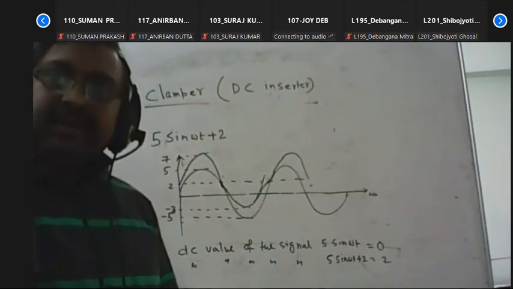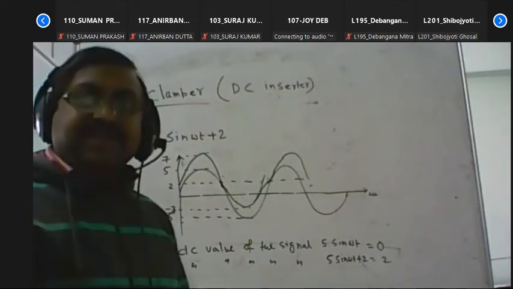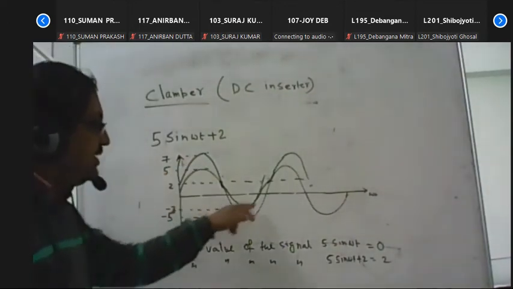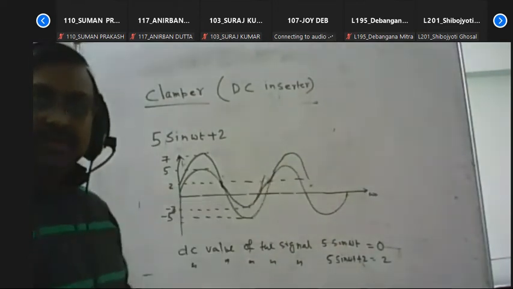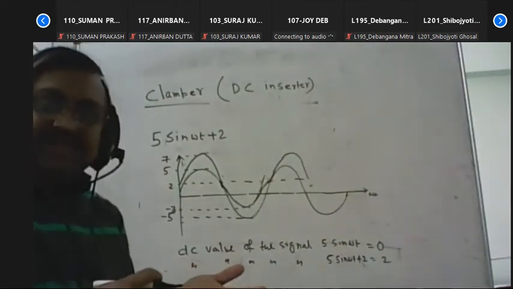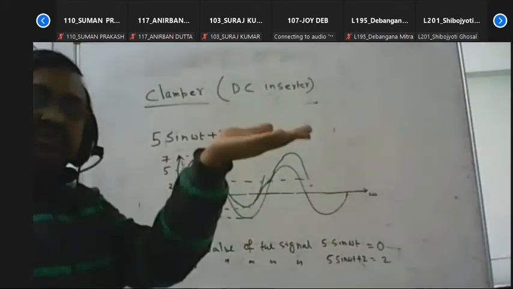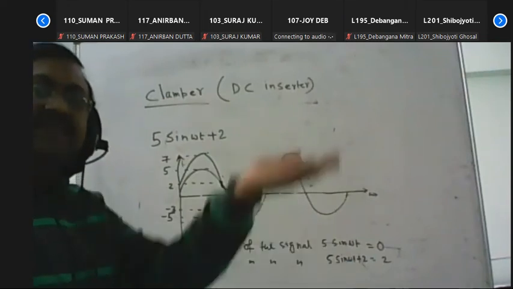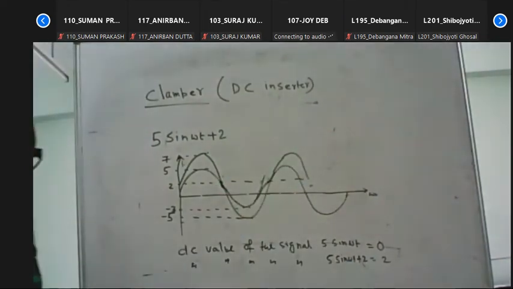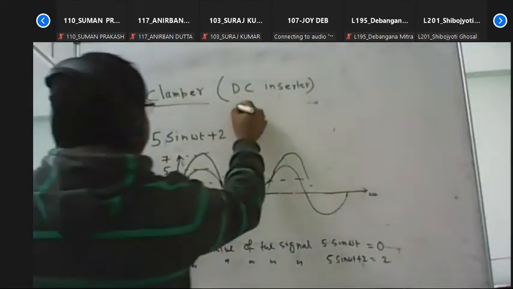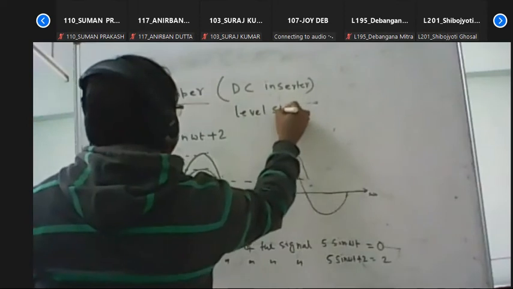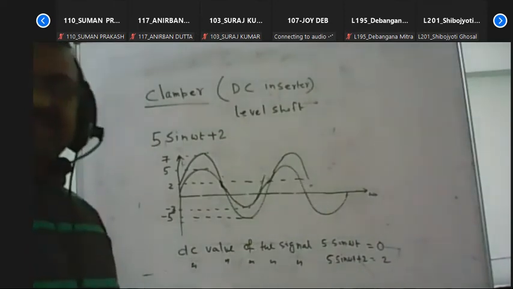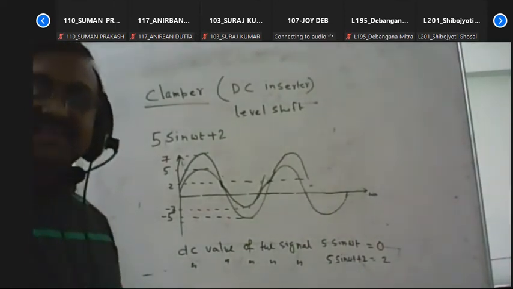The clamper circuit is also called the level shifter circuit because in the previous waveform the DC level is 0, but if we use the clamper circuit, the DC level jumps from 0 to 2, so you can say that the DC level is shifted. For that reason, the clamper circuit is also called the level shifter circuit. That means it can shift the DC level of the AC input signal.